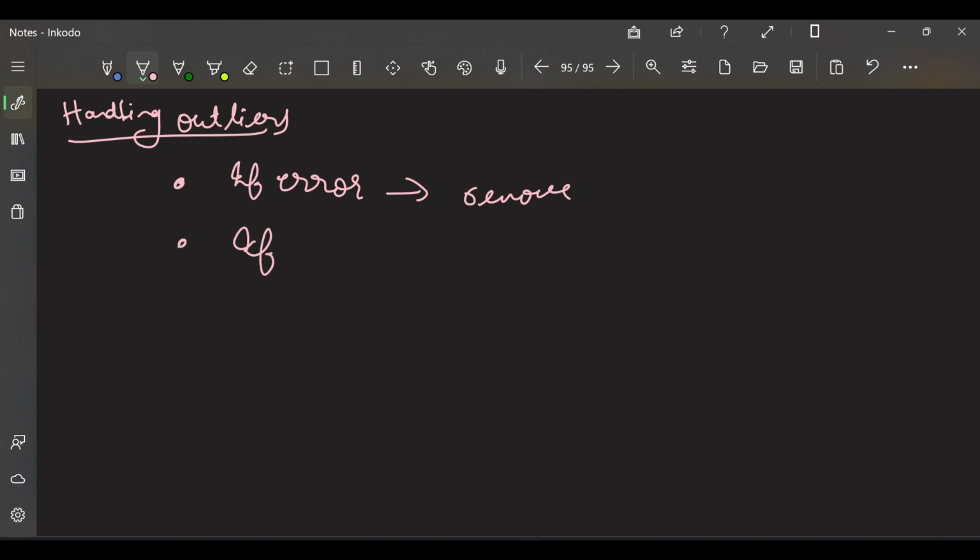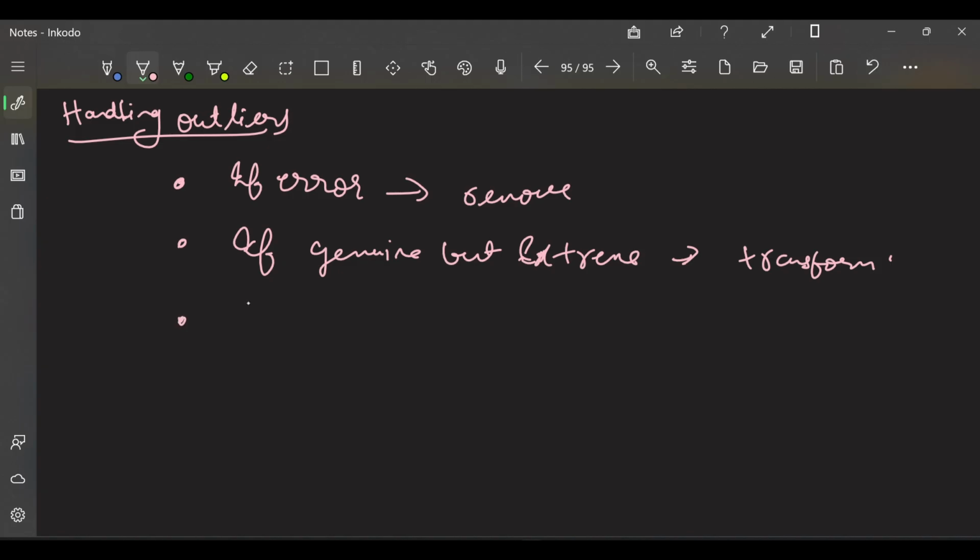If genuine but extreme, transform it either in the log or square root.